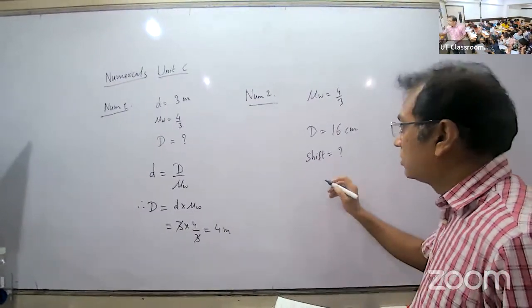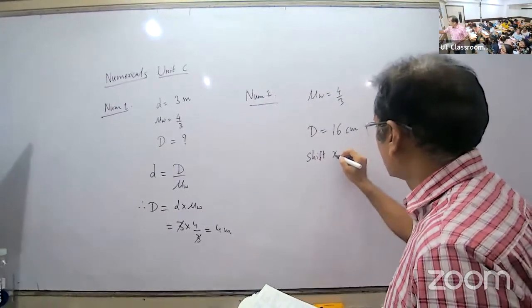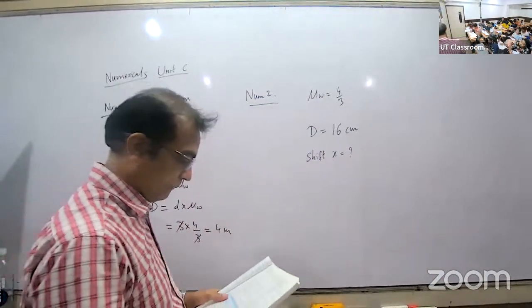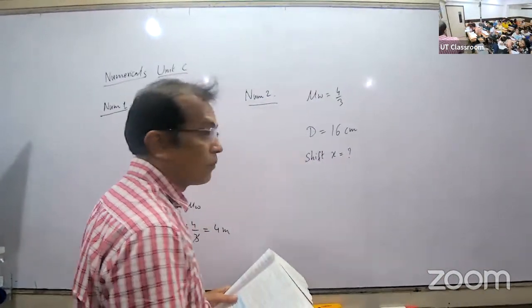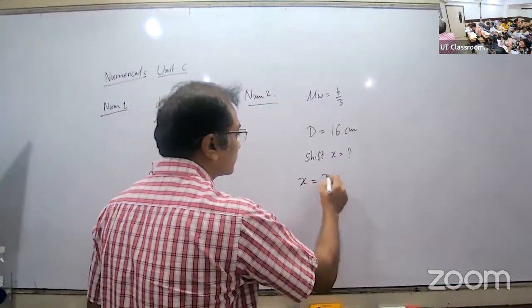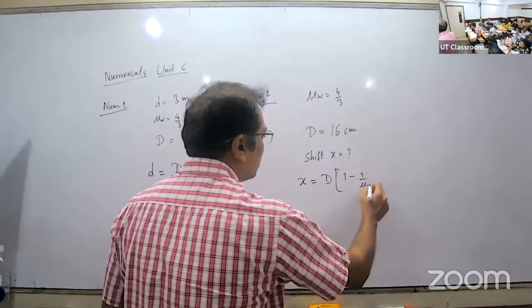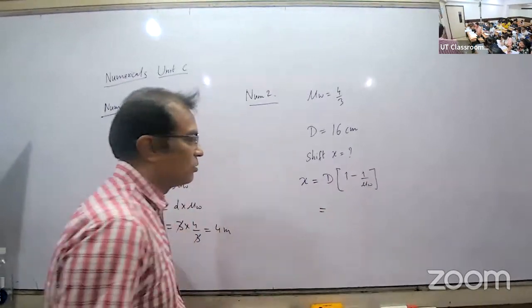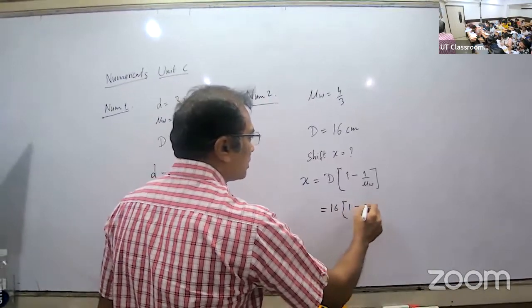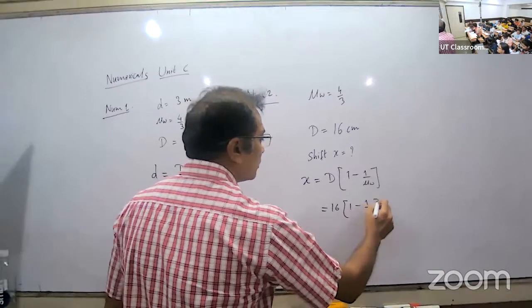So what is the shift? Let's call shift as X. What is the formula for shift? One minus 1 by mu W. Okay, this is what it is. So shift is 16 into 1 minus 1 by 4 by 3.